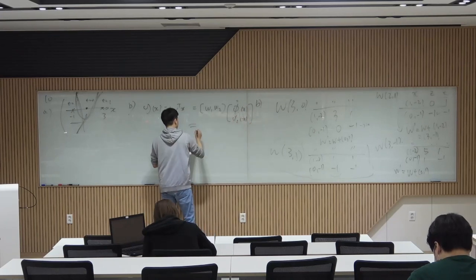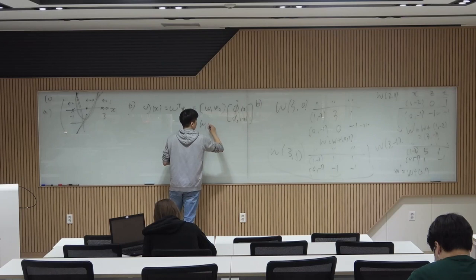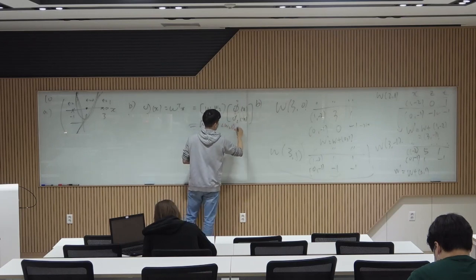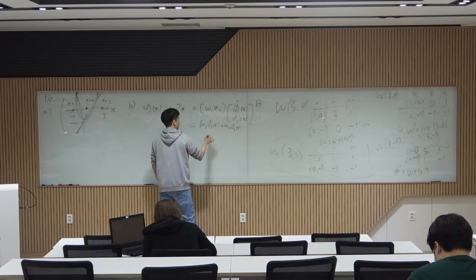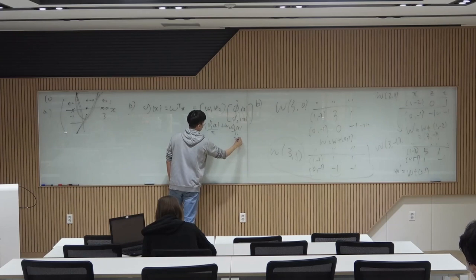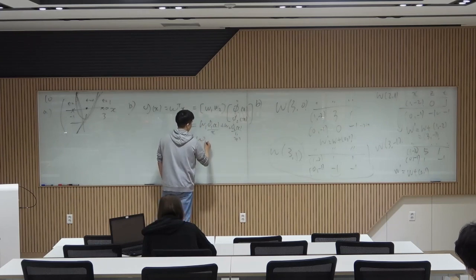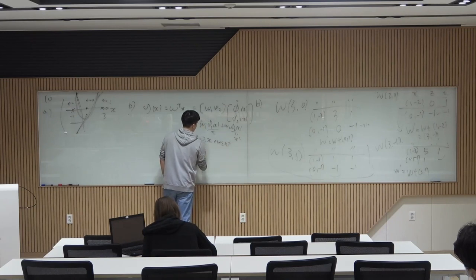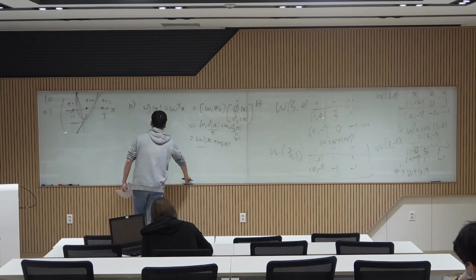And this gives us omega 1 phi 1(x) plus omega 2 phi 2(x). However, we know that phi 1(x) is given as x, and phi 2(x) is given as x squared. So this means omega 1 x plus omega 2 x squared. Okay, so what are the constraints?